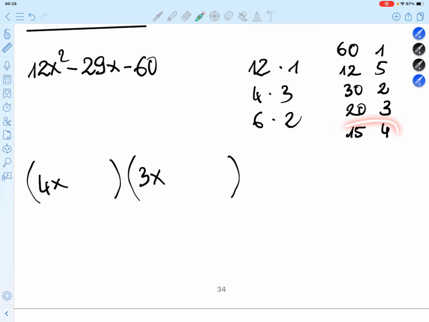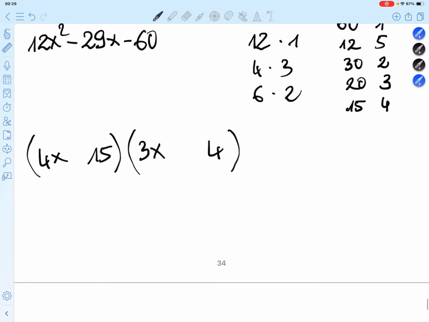So if we try the 15 and 4, obviously I cannot put 4 here because then I will have to factor out 4. So it means if I choose 15 and 4, then 15 is gonna be here and 4 is gonna be here. Now I need to expand to see what I'm gonna get.